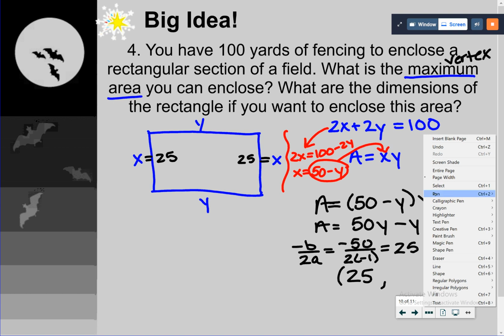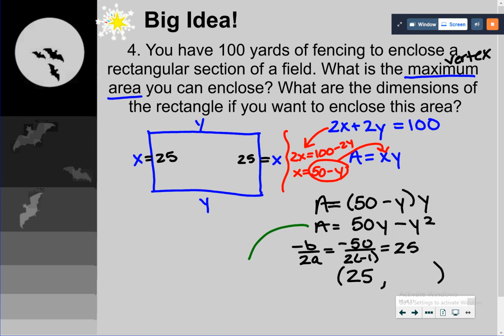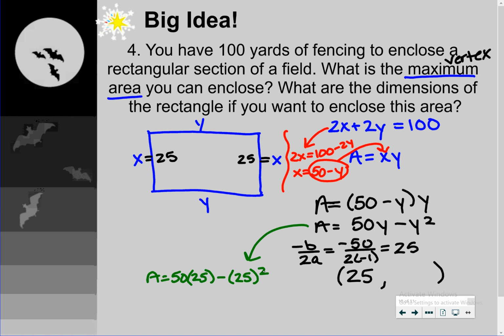If I plug 25 into my area equation, I'm going to get area equals 50 times 25 minus 25 squared. Okay, 50 times 25 gives me 1250. 25 squared gives me 625.